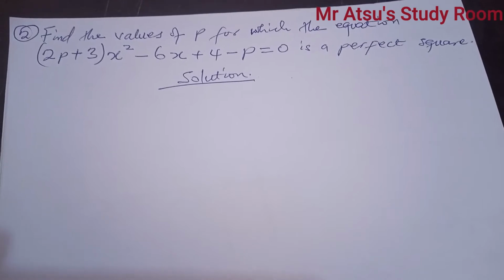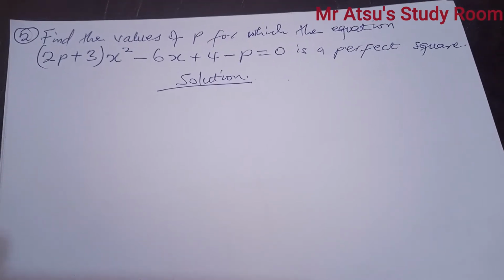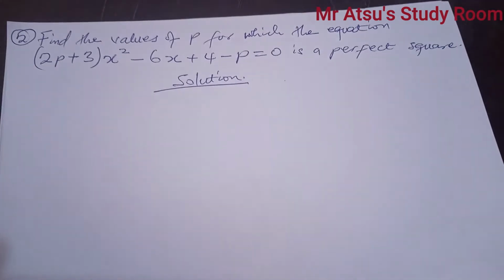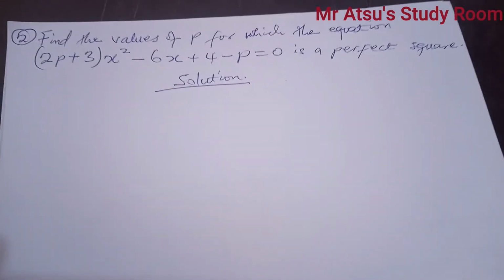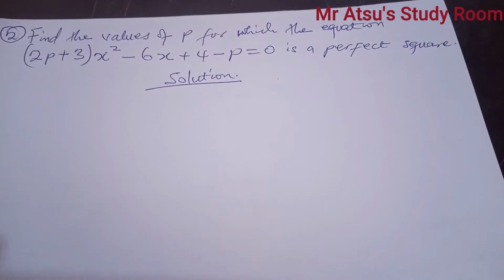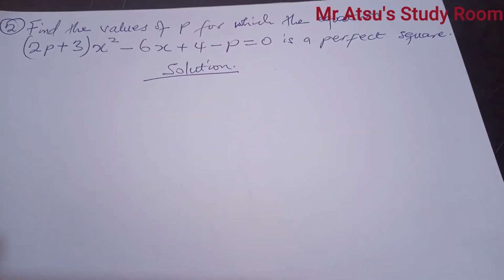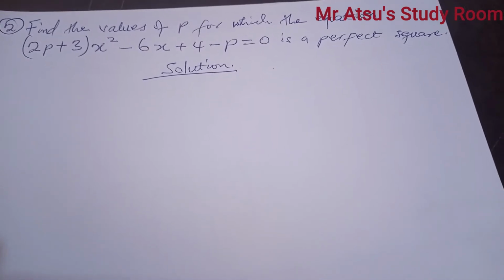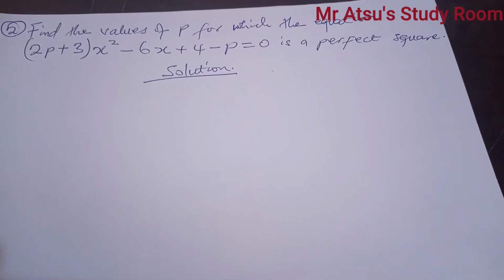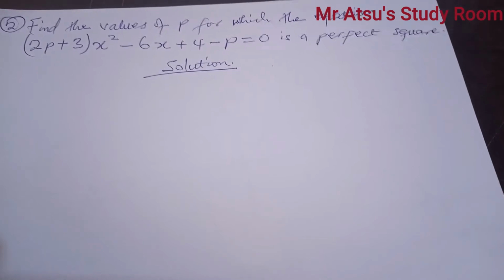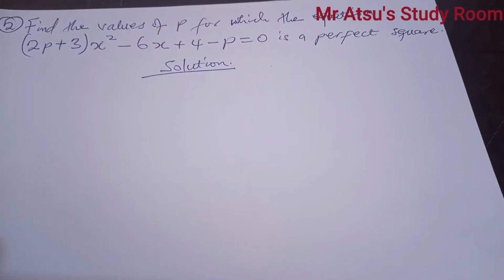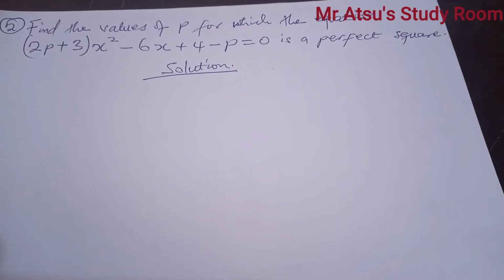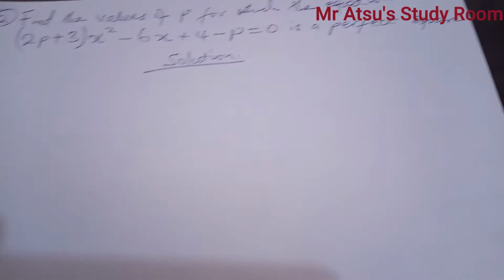The second question is, find the values of P for which the equation 2P plus 3 all times x squared minus 6x plus 4 minus P equals 0 is a perfect square. This question 2 is just like the very first question we solved, but this is a bit more complicated, or let's say it has a binomial as the A. But we are just going to use the same approach throughout.